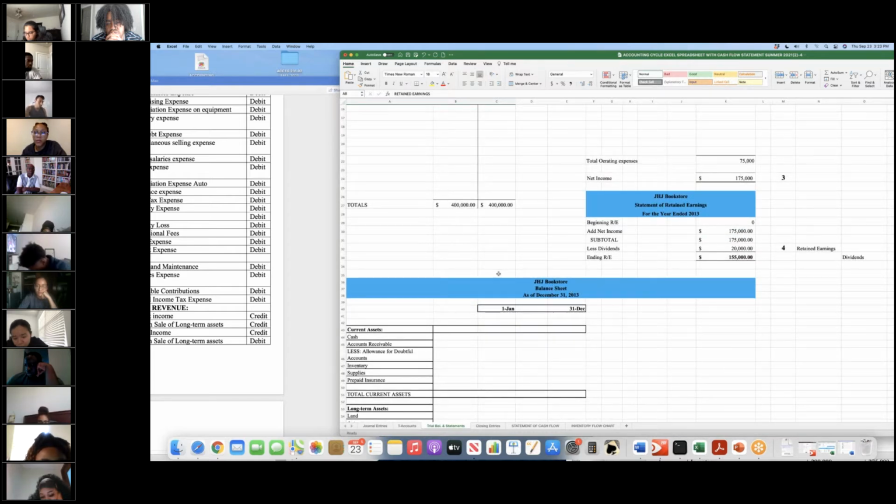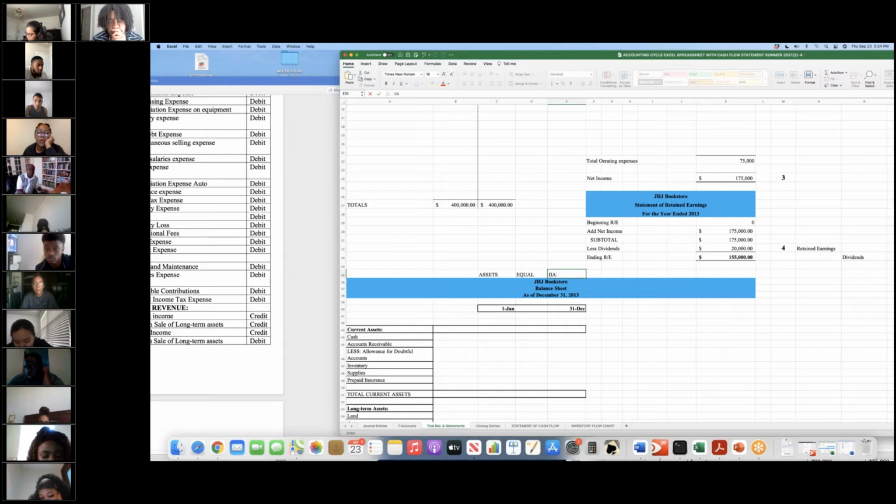Whenever we do a balance sheet, we always are trying to prove that the assets equal the liabilities plus stockholders' equity.